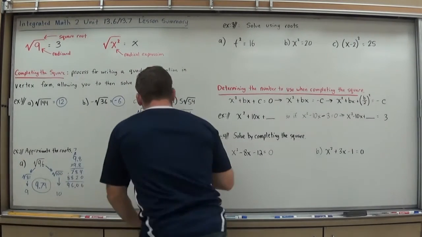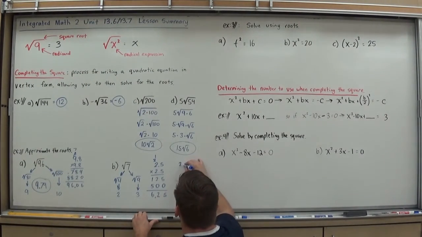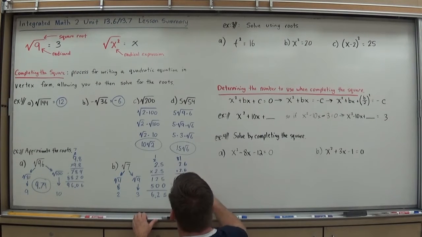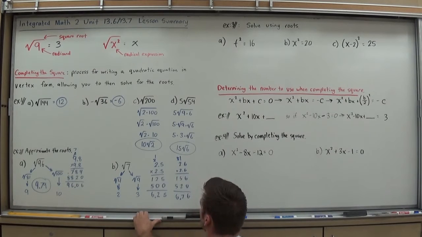So I can do the same thing again for 2.6. I can go up by 0.1 and see if that gets me any closer. 6 times 6 is 36. 6 times 2 is 12, plus 3 is 15. Carry a 0. That's 12 again. 4 plus 1 is 5. And now I have 6.76. And I'm getting closer.